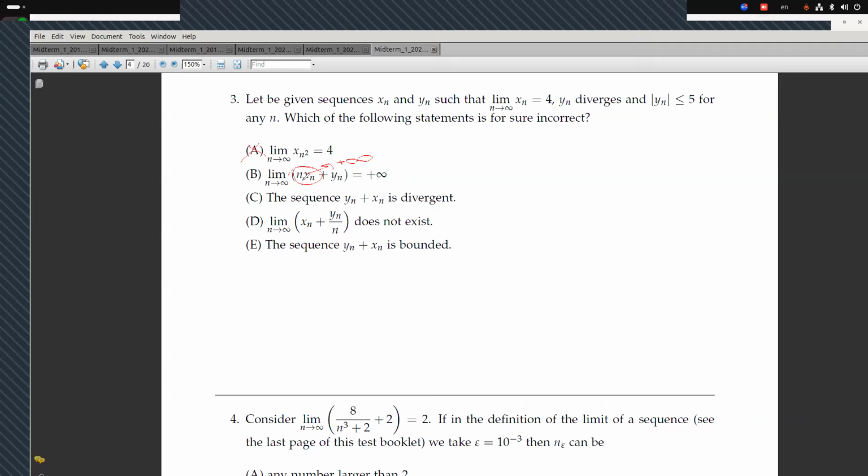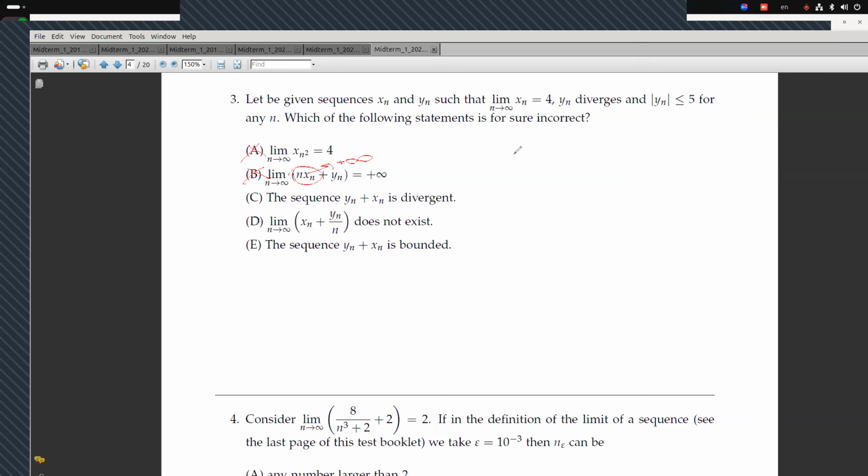Maybe we have infinity plus divergent that can be a finite number. It can be, but in our case, yn is not just divergent. It is divergent and bounded. Bounded plus infinity is infinity. Drop B.